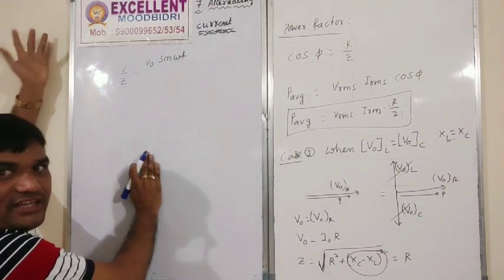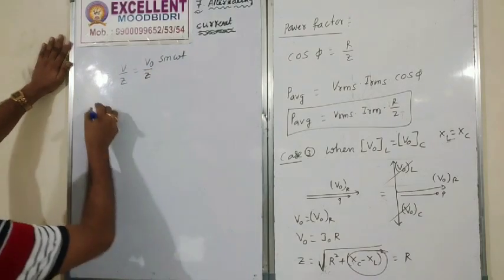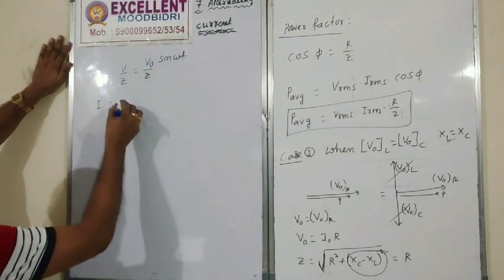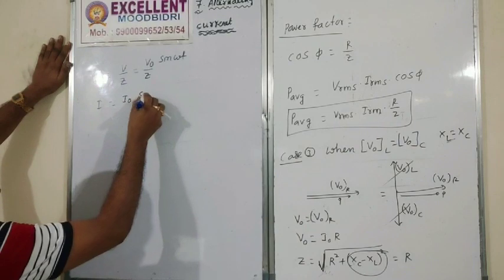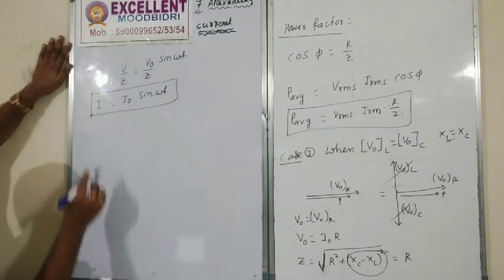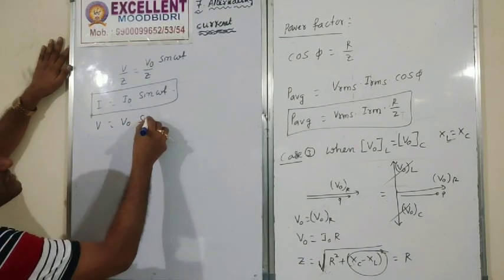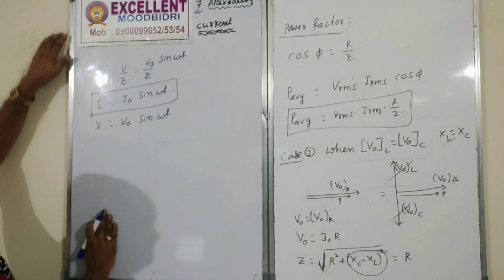Current is equal only, there is no difference. Divided by Z. So I is equal to V naught by Z, I naught into sine omega t. So this is the current formula. Supply voltage also V is equal to V naught into sine omega t.